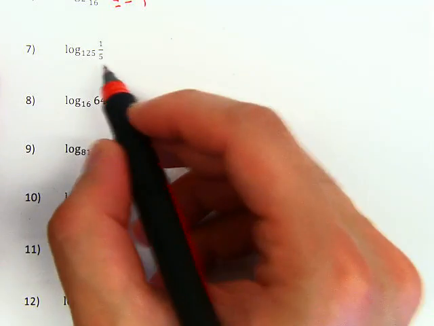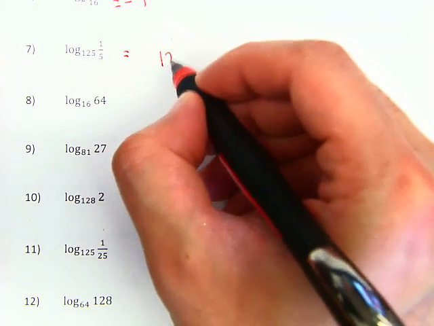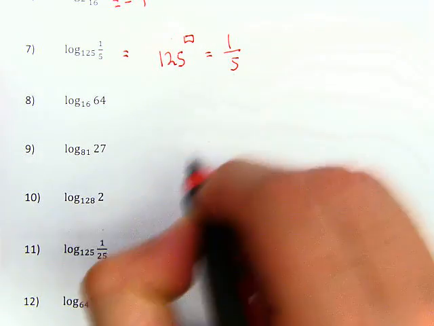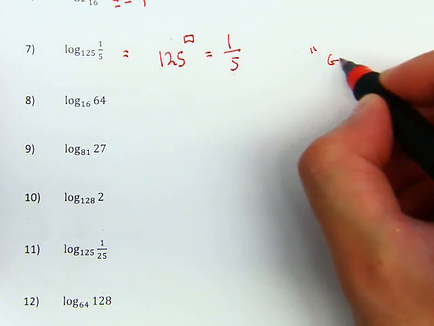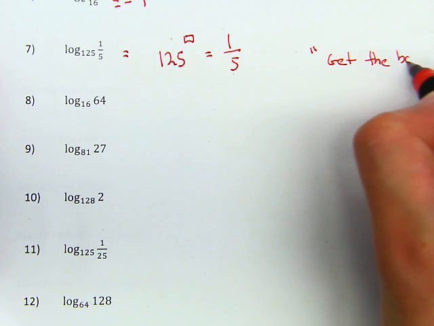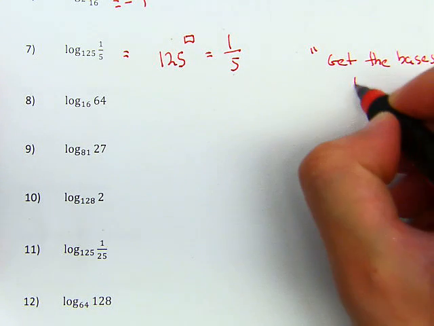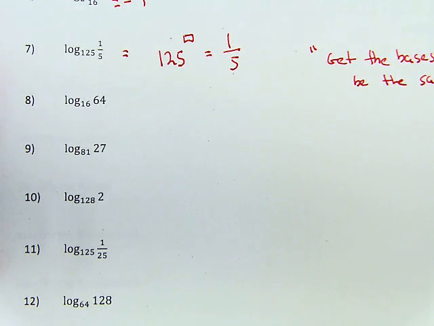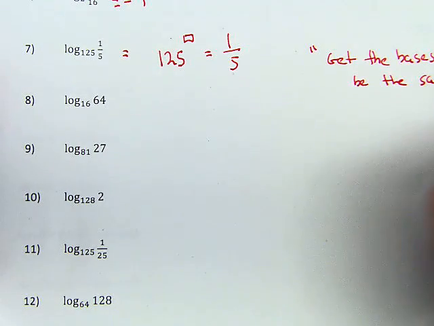So here, for this question, this is saying what? 125 to what power is 1 over 5? And the idea is the same. Get the bases to be the same. Right? So here, what's the relationship?